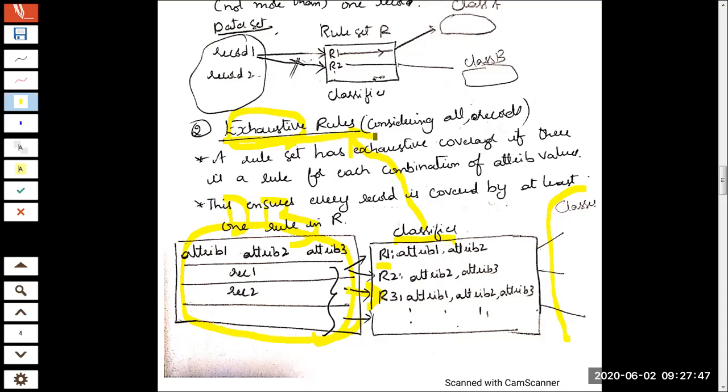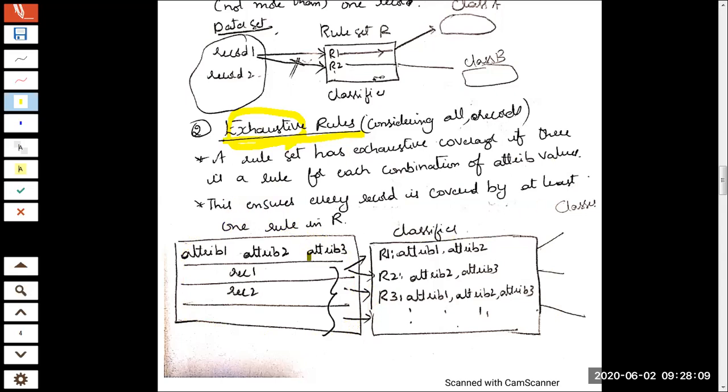Also, I had informed you this may not always be the case, because in data mining we saw a few applications and scenarios where the number of attributes will not be 3, 4, 5, or 10. It will be hundreds and thousands of attributes. Not necessarily should we include everything.